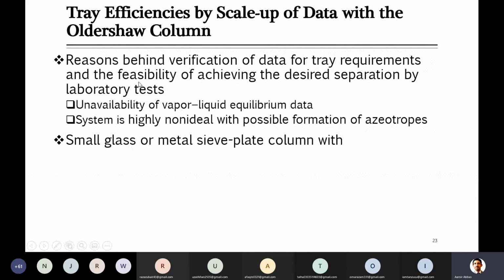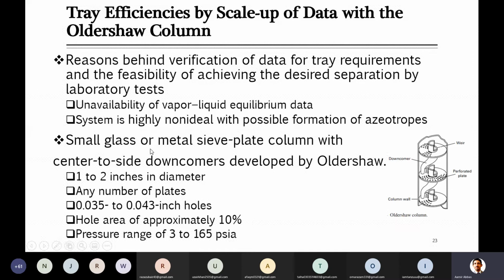So what is this Oldershaw column? The method uses a small glass or metal sieve plate column. You can see in this diagram that there are the trays, and they are sieve type. You studied three types. Out of those, this is the sieve type tray, a simple glass or metal sieve tray column, with center to side downcomer.